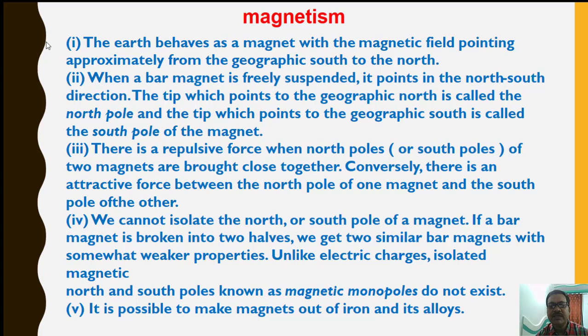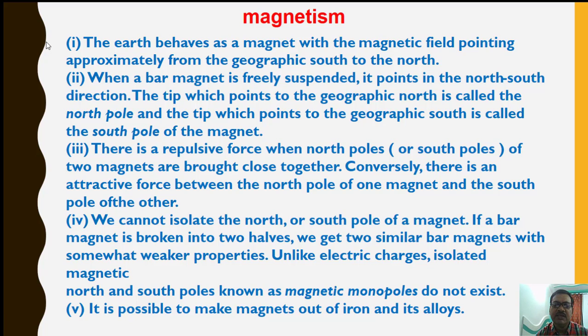Third point, there is a repulsive force when north pole or south pole of two magnets are brought closer together. Conversely, there is an attractive force between the north pole of one magnet and the south pole of the other magnet.